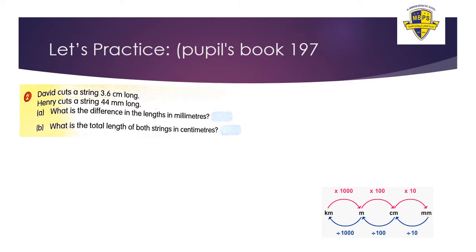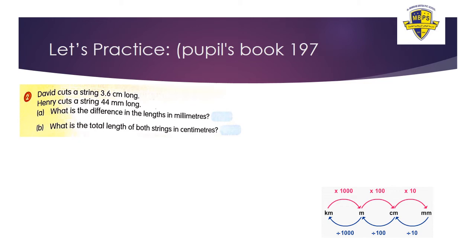B. What is the total length of both strings in centimeters? So here, in A, we have to find the answer in millimeters, for B in centimeters. And above you can see that David's string is in centimeters, and for Henry, they measured it using millimeters.